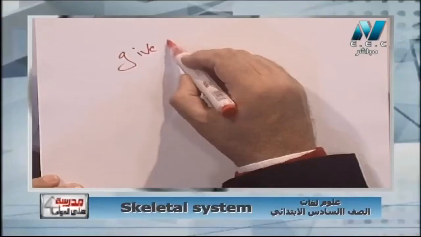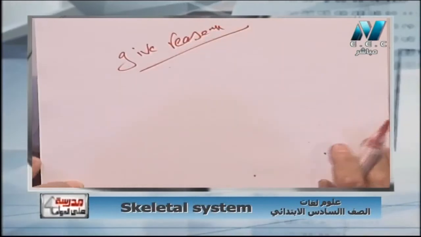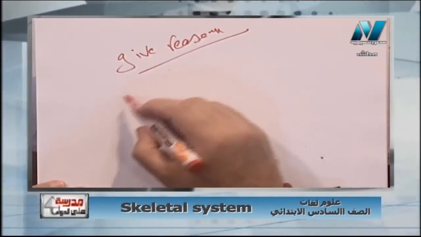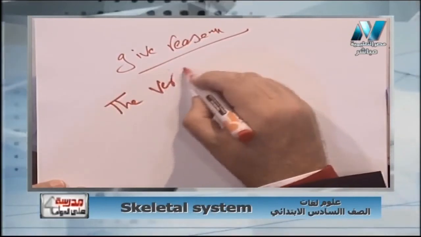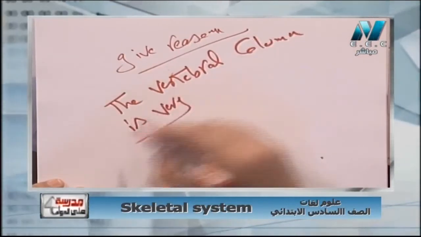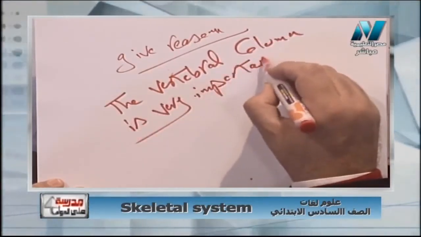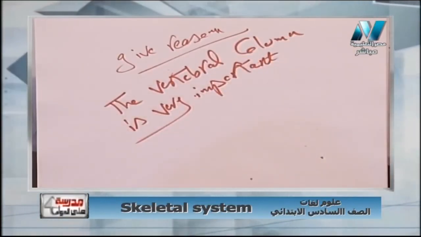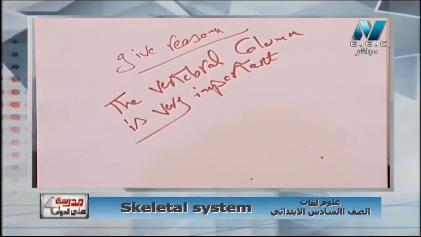And now let me revise with you some important give reason questions. نراجع مع بعض كده بعض الأسئلة المهمة جدا في ال give reason خصوصا في الجهاز الهيكلي أو skeletal system. Number one says give reason: the vertebral column is very important. واتفقنا قبل كده اكتر من مره، قلنا لما يقول لي اي حاجه important كانه بالظبط يقول لي what is the function of this part. ايه هي وظيفه الجزء ده؟ Again, what is the importance or the function of the vertebral column?